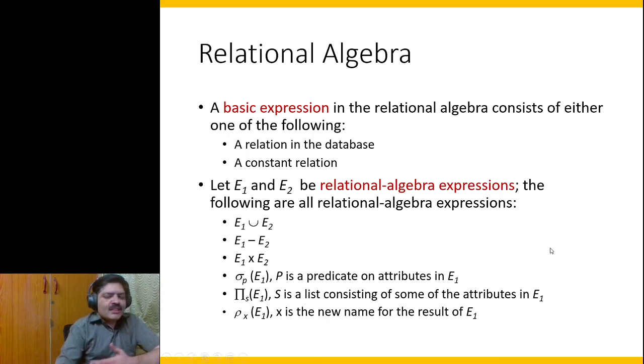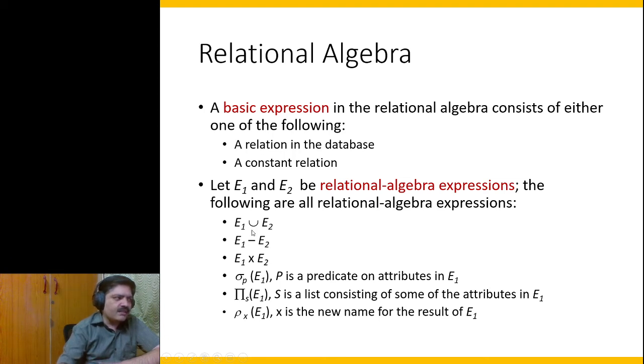So what is relational algebra? Summarizing, relational algebra allows you to express your intent to extract parts of the database that you are interested in. If E1 and E2 are relational algebra expressions, then we could construct more complex relational algebra expressions by using the known operators.